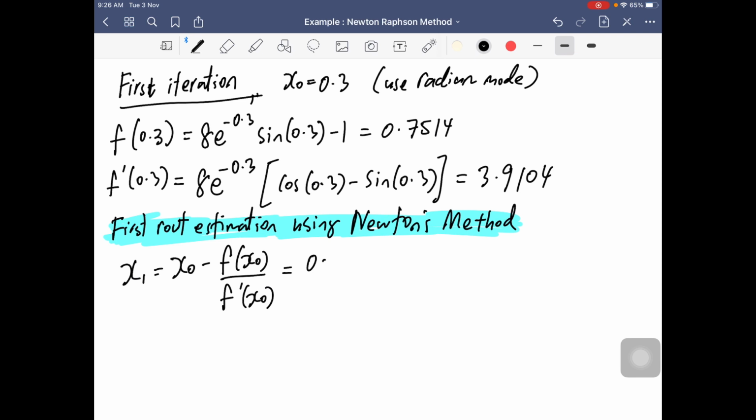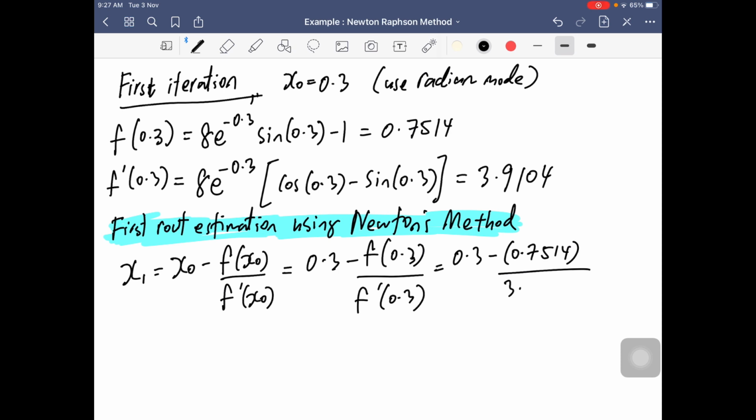So we have 0.3 minus f(0.3) divided by f'(0.3). So we have here 0.3 minus 0.7514 over 3.9104. So you should get 0.1078. Okay, so this is our first root estimation by using Newton's method, or x1 equal to 0.1078.